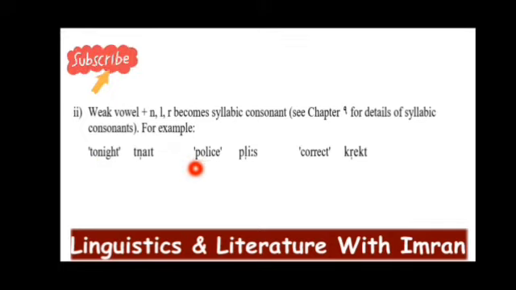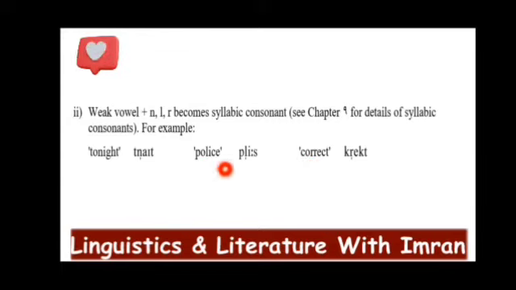Here we also have a weak vowel, schwa, in police. And here we have a weak vowel, schwa, in correct. So we can see weak vowel plus n, weak vowel followed by l, and weak vowel followed by r.